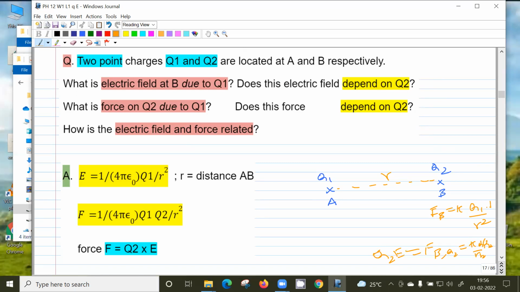So I can find the force on this charge Q2 either by using Coulomb's law, or I can use the concept that the force will be the value of the charge into the electric field at this point, the electric field due to the other outside charges. So the electric field at this point due to Q1 will be this one, into the charge value.